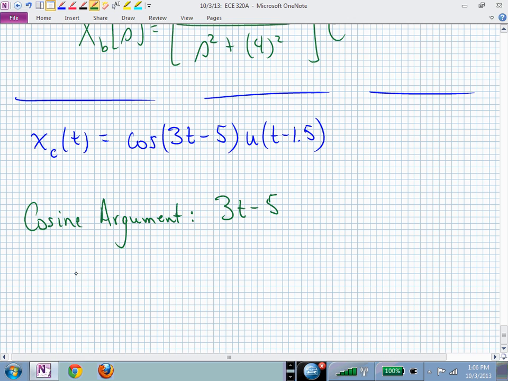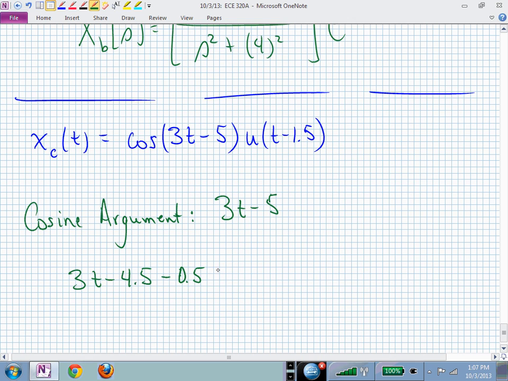Well, if that wasn't 5, if it was 4.5, I'd be happy, right? Because 3 I can factor out of 4.5, and I'll get 1.5. Well, 5 I can just write as 4.5 plus a half, right? And that's what I'm going to do.